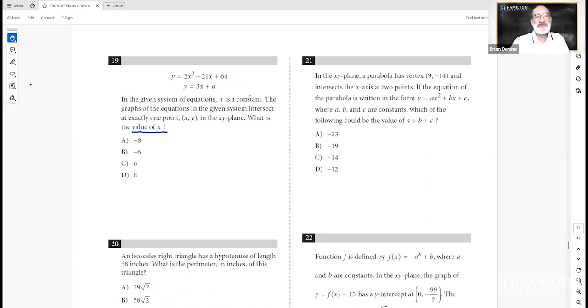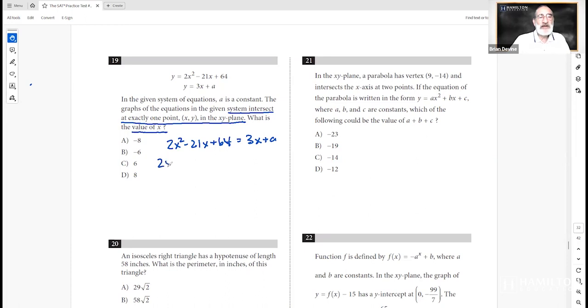But in this given system, where a is a constant, the graphs of the equations intersect at exactly 1 point. Exactly 1 point. And so for that to happen, well, let's check something out. Note that we already said that 2x squared minus 21x plus 64 has to equal 3x plus a.